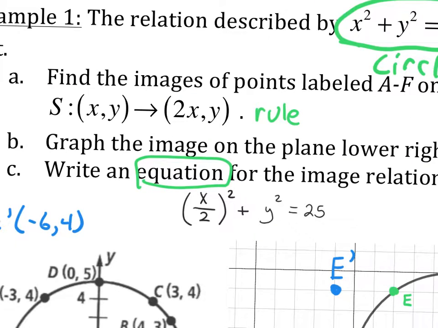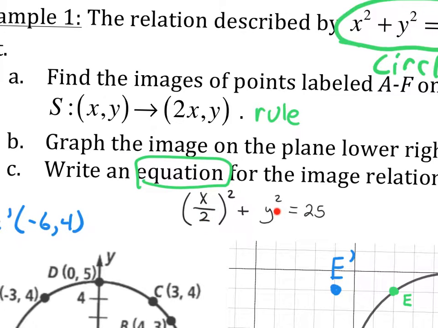So let's summarize here. The rule describes what happens to a point. The x gets doubled, the y stays the same. But the equation describes what happens to the whole shape at the same time, and we always do the inverse. So if I wanted to stretch it out by double, then I divide here by 2.